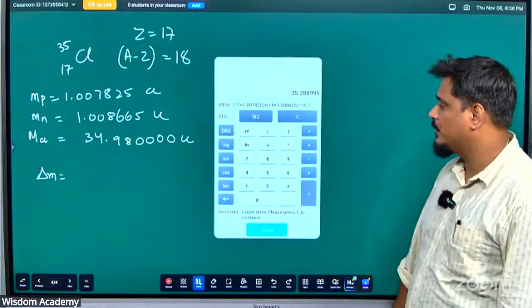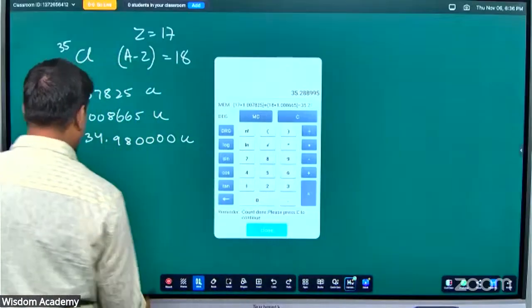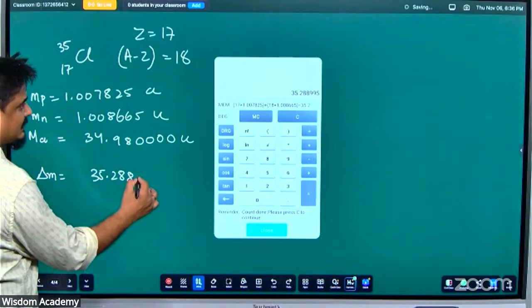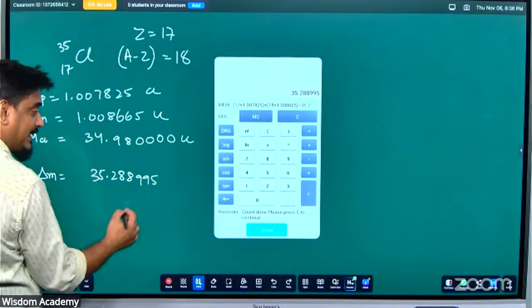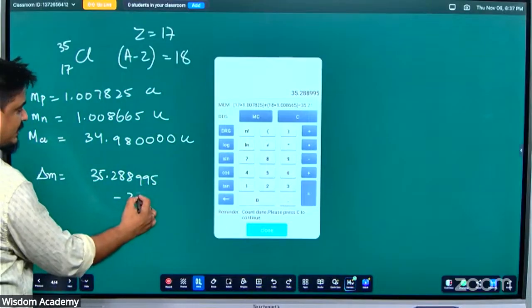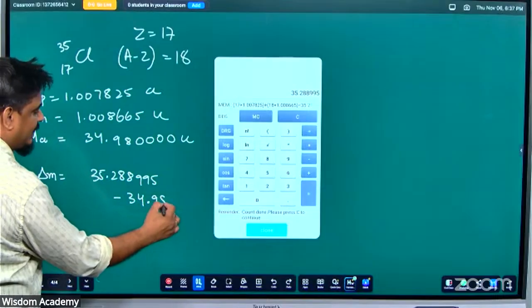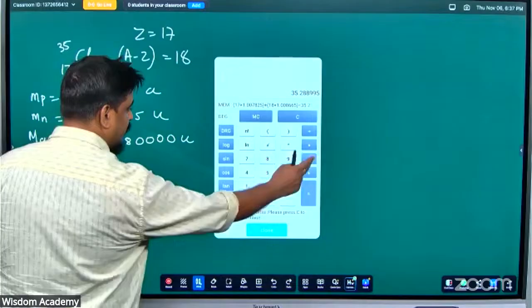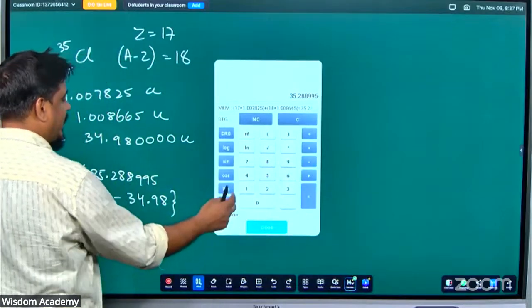And I'm going to get the value of expected mass as 35.288995. If you're not getting this, some mistake is there, please check that. Minus 34.98. I'm going to subtract both. That is, in this, I am going to subtract 34.98.